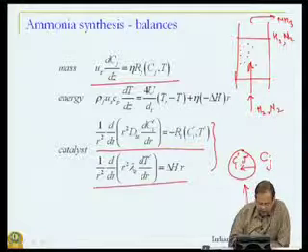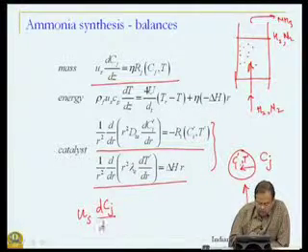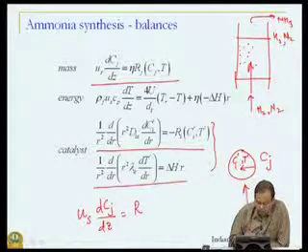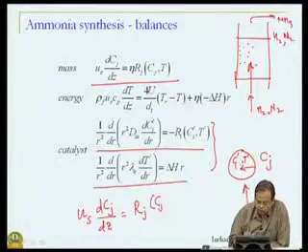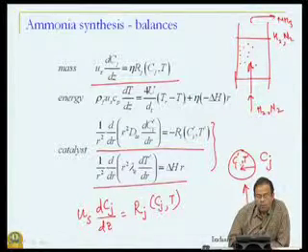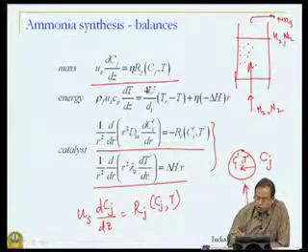So, what we have is, we had seen this earlier. Let us say R of species j, where Rj is a function of concentration and temperature in the bulk. But now, I also know that my reaction is not taking place in the bulk.